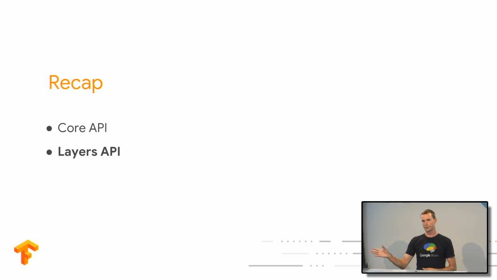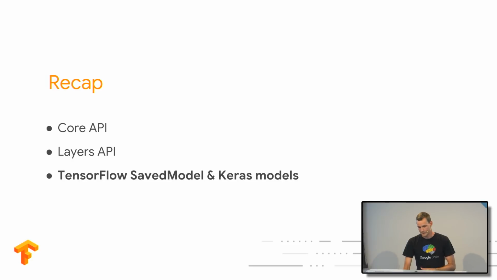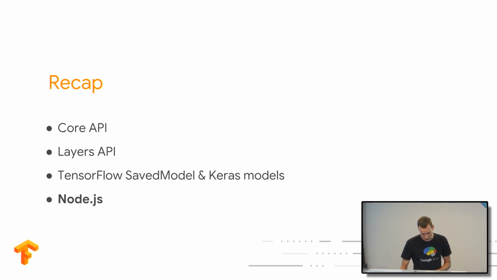A lot of the demos on our site are all built on the layers API, so we recommend you use that. The save model and Keras model exporting, that was our Pac-Man demo, the PoseNet, and what was the first one we did? A lot of demos. Anyways, there's a few that we have, and then our Node.js bindings. The emoji scavenger hunt, that's right. How could I forget the emoji scavenger hunt? It's because I didn't get to play it today.